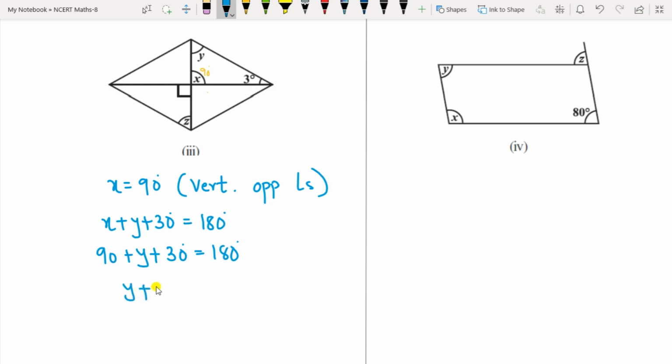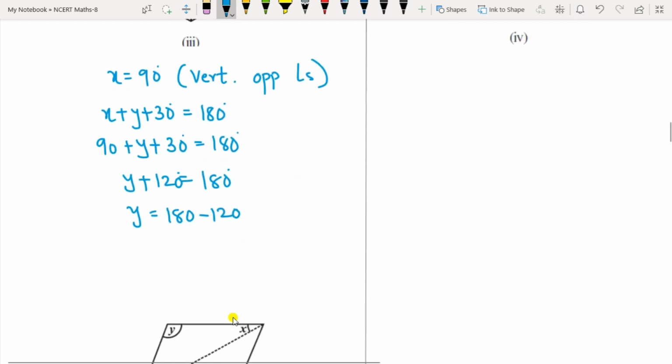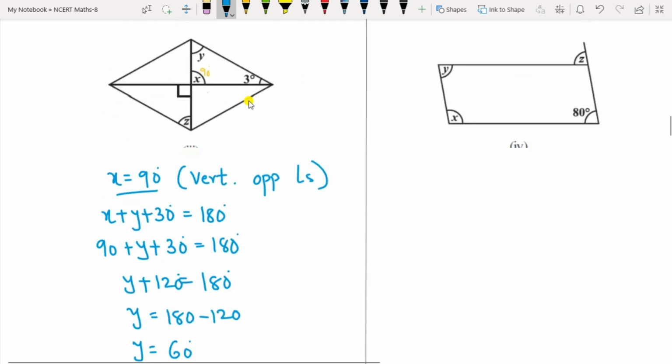So y plus 120 equal to 180. So y equal to 180 minus 120, that gives y equal to 60. y equal to 60 degrees. x equal to 90.